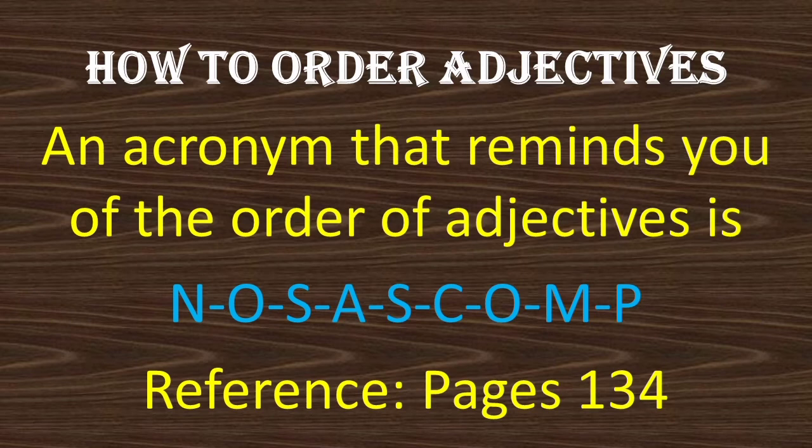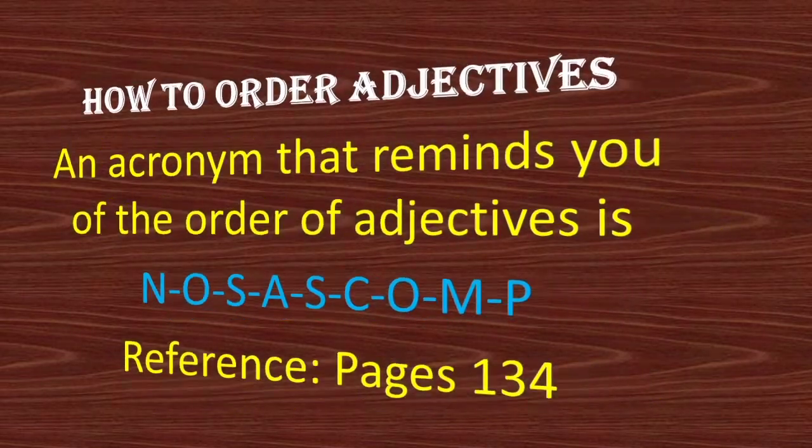Okay, where each of these letters, of course, refers to something. N for number, O for opinion, S for size, and so on. Please just make reference to page 134 of your Language Smarts textbook to find out what each of these represents and why we shouldn't use more than 3 adjectives in a sentence.